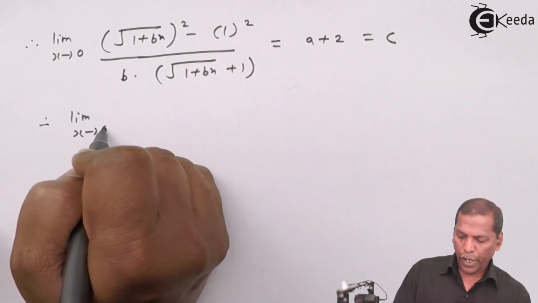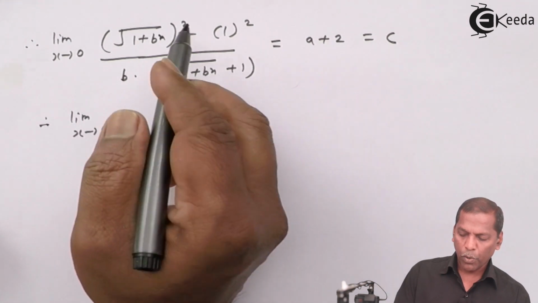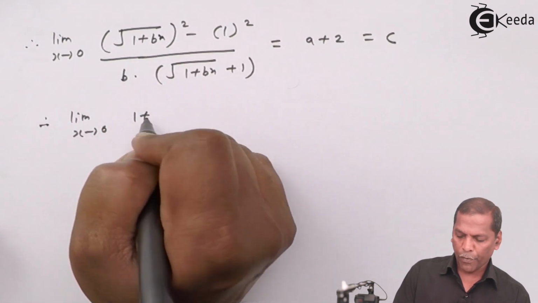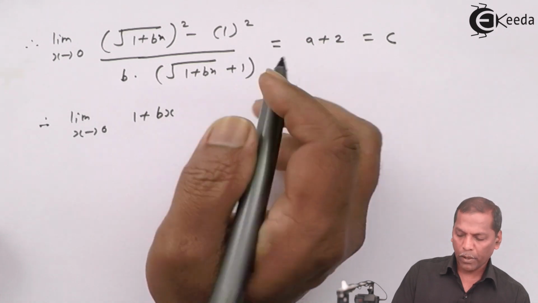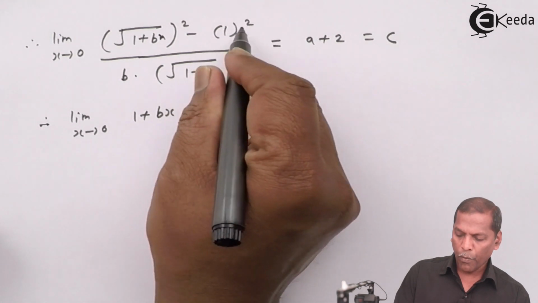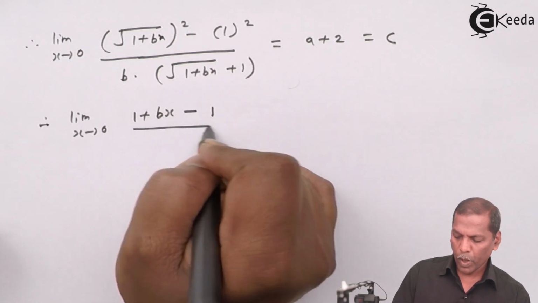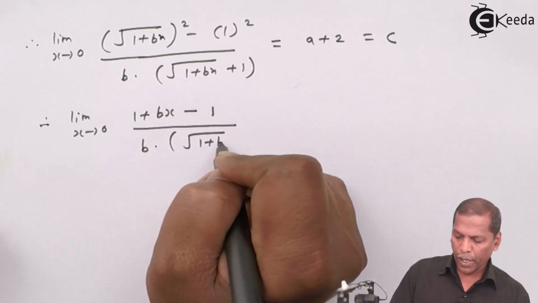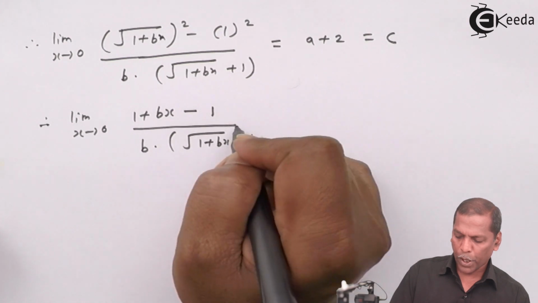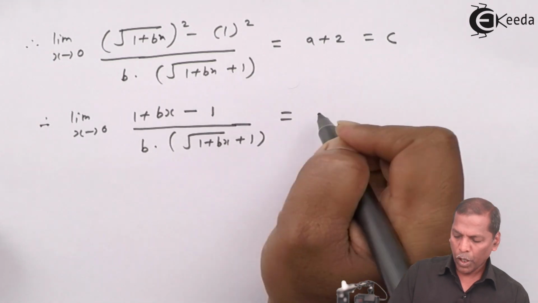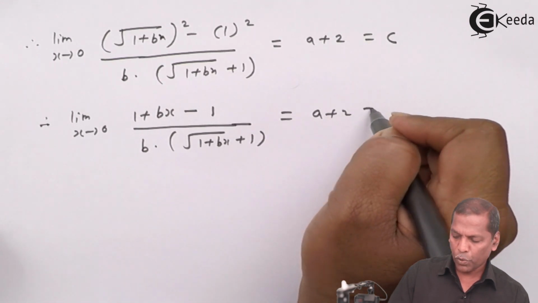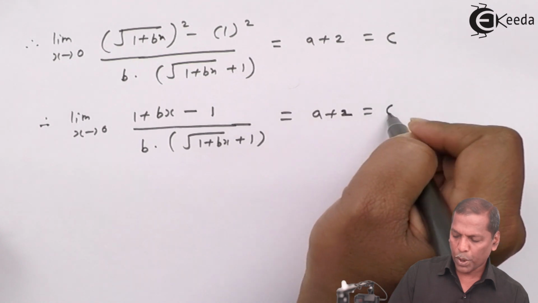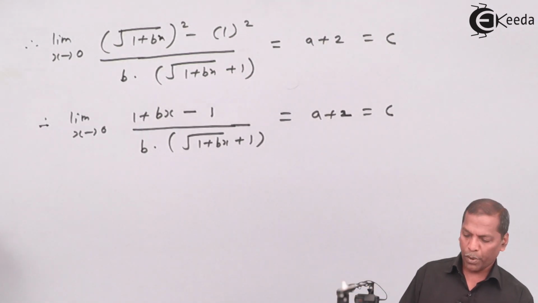So therefore x tends to 0, the square and root cancel, so we are left with 1 plus bx minus 1 upon b into, in the bracket, square root of 1 plus bx plus 1, is equal to a plus 2, is equal to c. We write as it is.